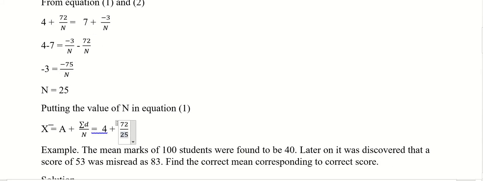So we will just solve it now. The answer we will get here is 6.88. So these two things we were supposed to calculate: the number of observations, which is n, is 25, and the mean is 6.88.